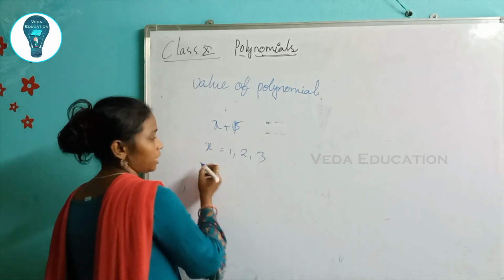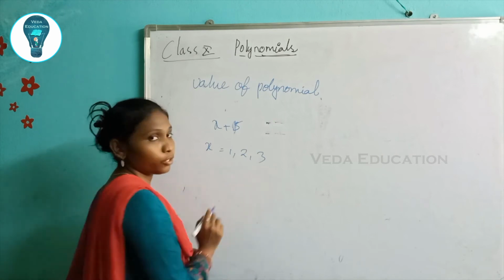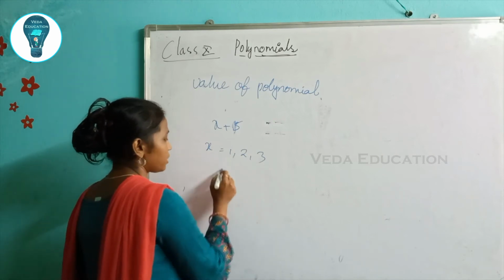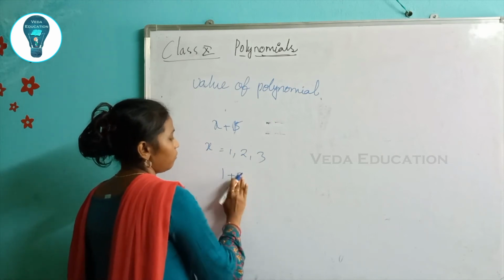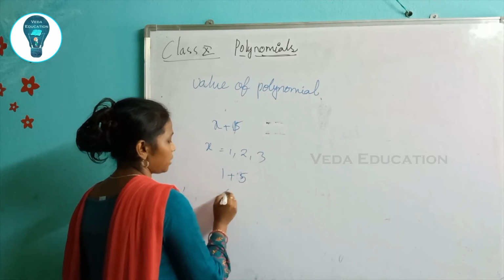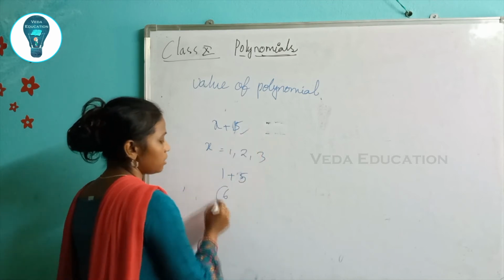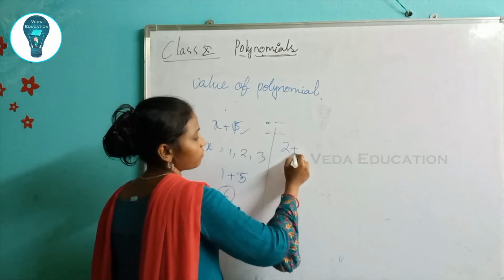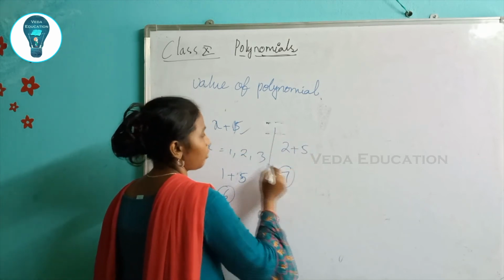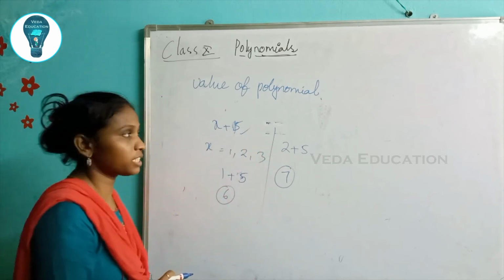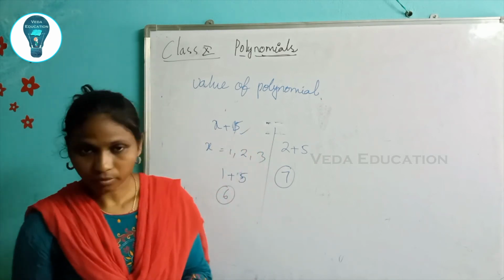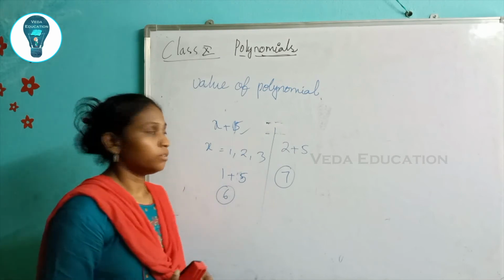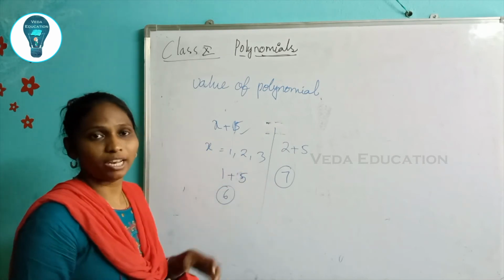Here I consider x values 1, 2, 3. Now substitute 1 in place of x: 1 plus 5 is 6. So value of this polynomial is 6. Next, if you substitute 2: 2 plus 5 is 7. So value of this polynomial is 7. Like that you can consider the values. In place of variables we substitute some values.